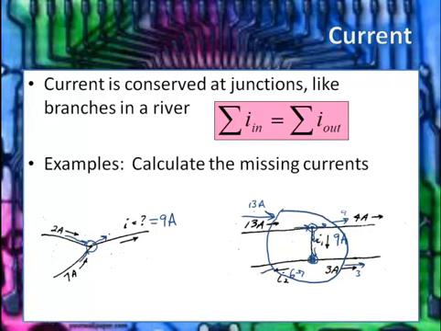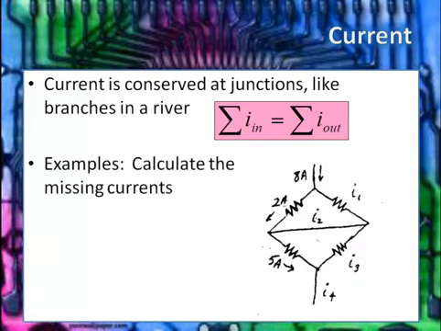That means this has to be 6 amps as well, and that's what we calculated earlier. And so if a circuit's getting a little complex, perhaps draw a big intersection and see if that helps to analyze things with current.